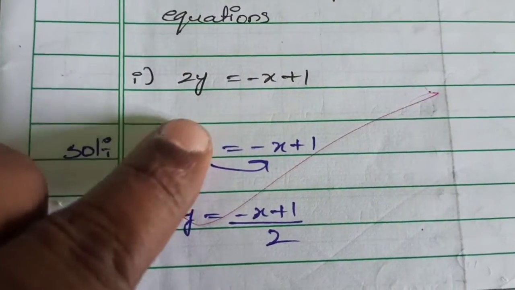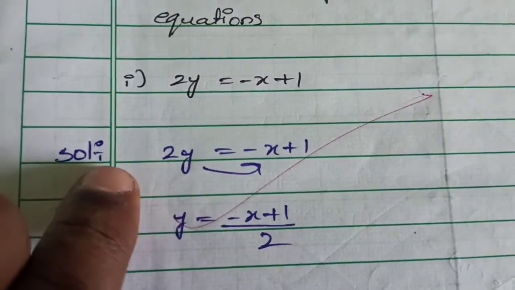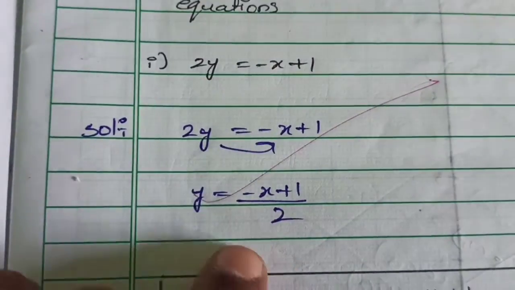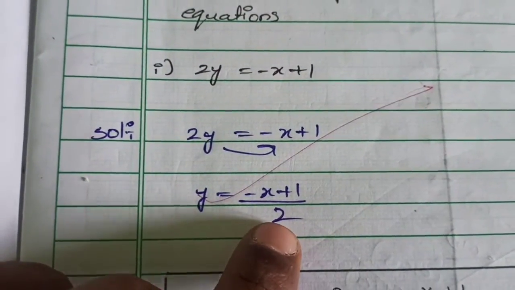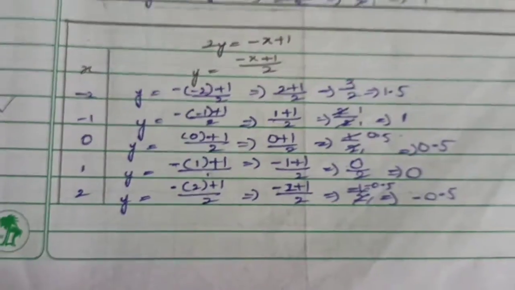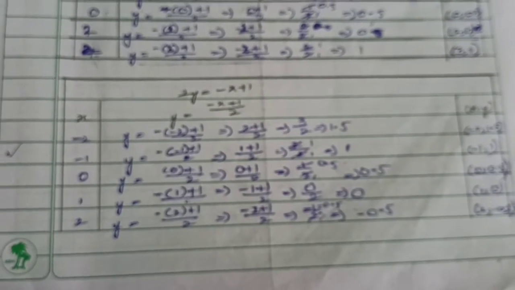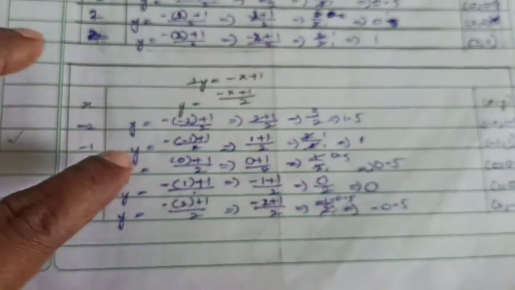Then this 2 we need to transfer this side. 2 is multiplying, so 2 will be divided. So minus x plus 1 already is here, by 2. So y equal to minus x plus 1 by 2. Now these we have to do here. These are the solutions.